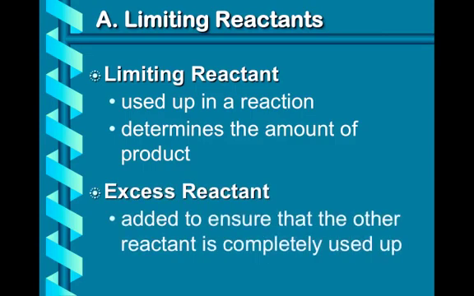The excess reactant is added to ensure that the other reactant is completely used up. We try not to ever use exact proportions. We always want to have an excess reactant that way we know that the reaction went to completion.